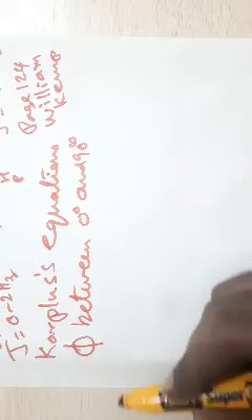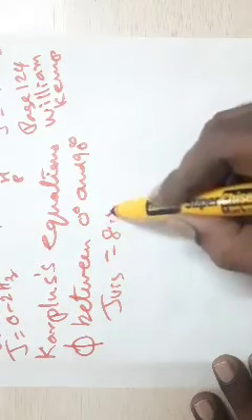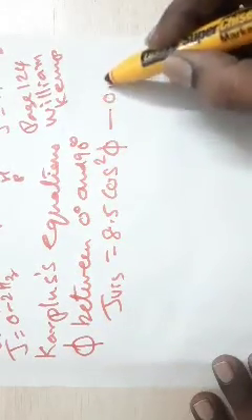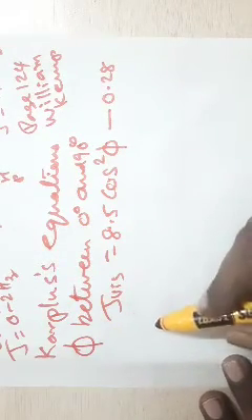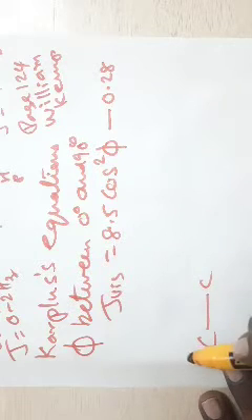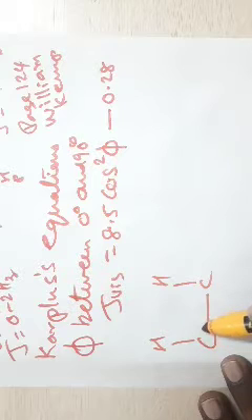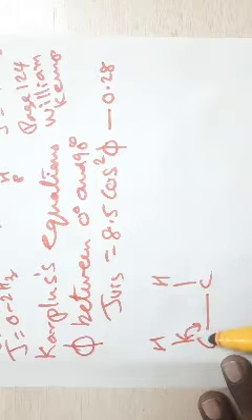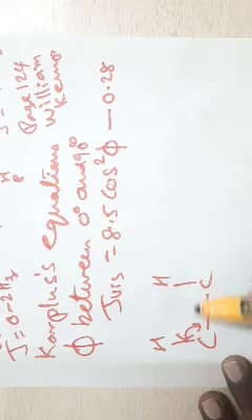Then the coupling constant value is given by J vicinal equal to 8.5 cos square phi minus 0.28, where phi is the dihedral angle, the angle between CH and CH. If you represent them in the form of a plane, what is the angle?